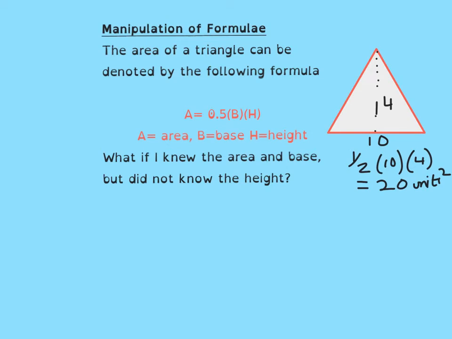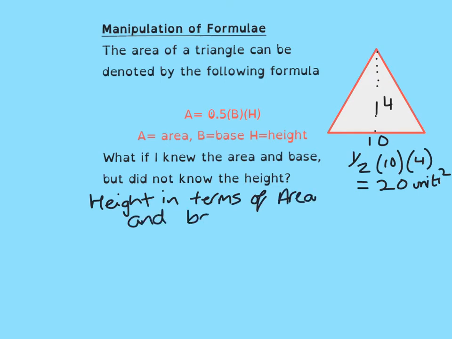But say, for example, we knew what the area was, and we knew the base, but we didn't know the height. So what we would want to find is height in terms of area and base.